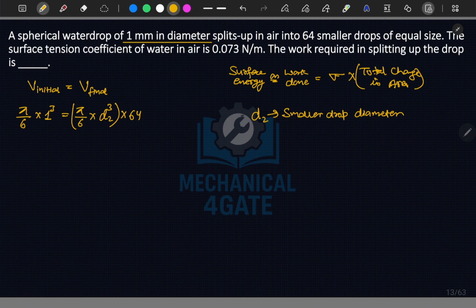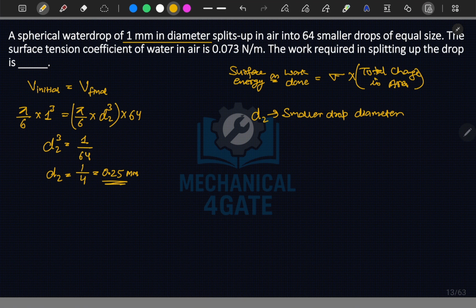So from here I can write d2 cube is equal to 1 upon 64. So d2 is equal to 1 upon 4, since the cube root of 64 is 4, and this can be written as 0.25 mm. So this is your d2.